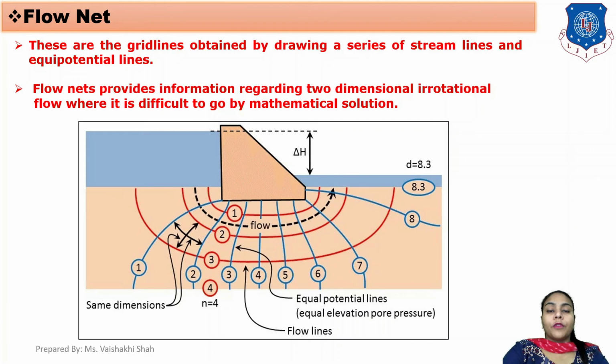Flow nets provide information regarding two-dimensional irrotational flow, where it is difficult to get the solution by mathematical equation. So, flow net is a very easy method to determine the type of flow and to find seepage, which we cannot find by using mathematical equations.